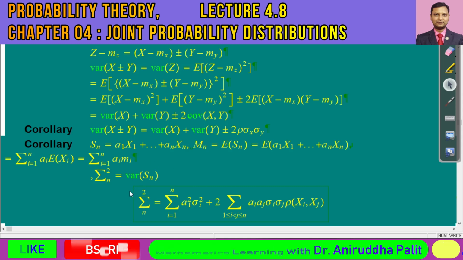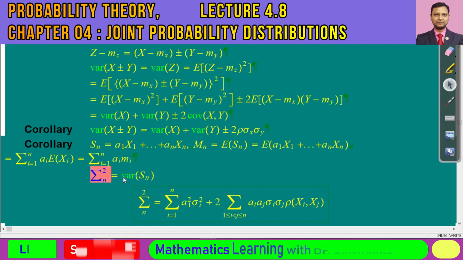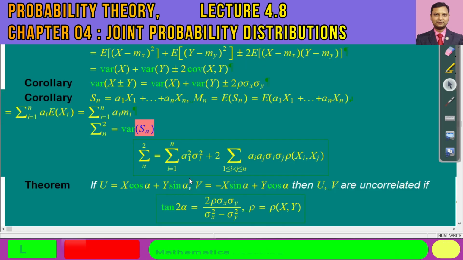And if we write sigma n square, it represents the variance of the random variable Sn.